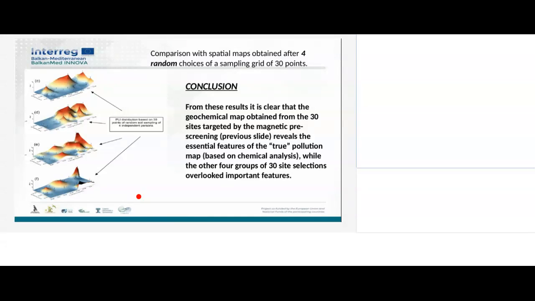From this result, it's clear that the geochemical map obtained from the 30 sites targeted by the magnetic pre-screening reveals the essential features of the true pollution map, which is based on chemical analysis.